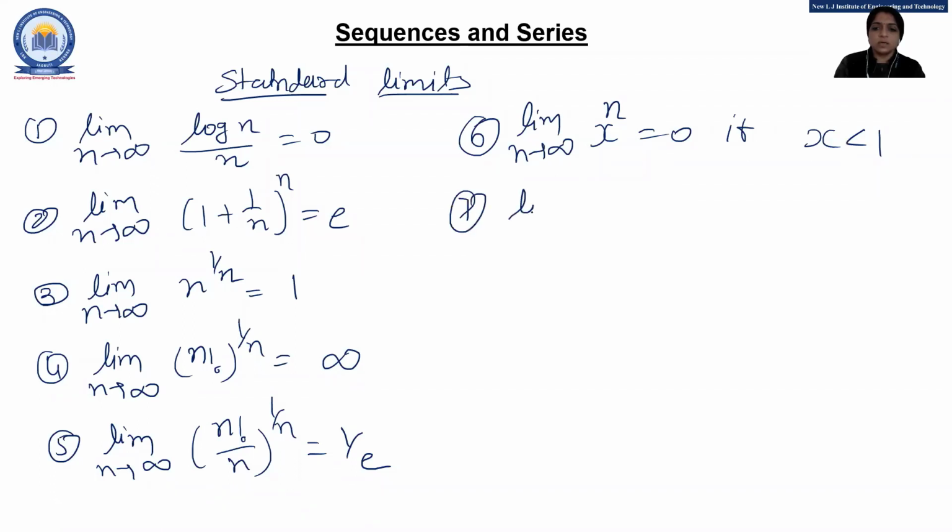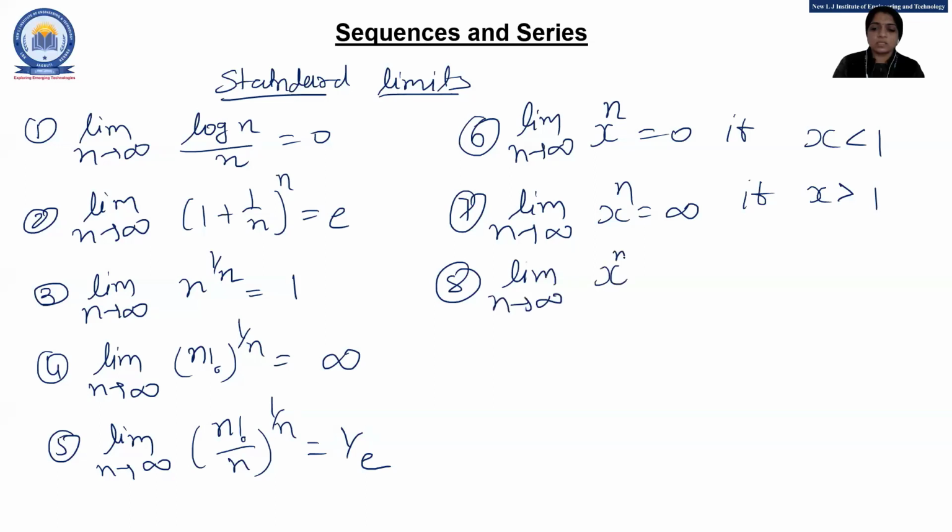And 7, limit n tends to infinity, x raised to n equal to infinity if x is greater than 1. 8, limit n tends to infinity, x raised to n upon n factorial equal to 0 for all x.